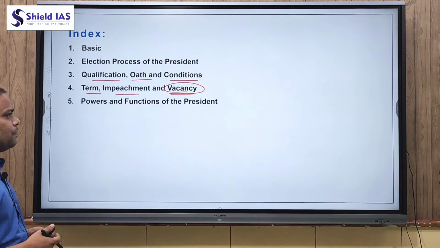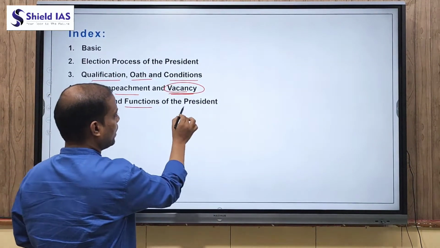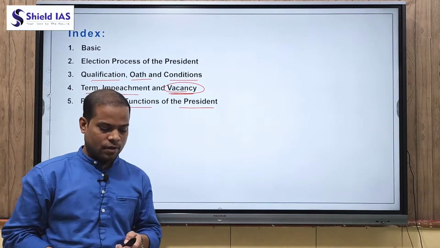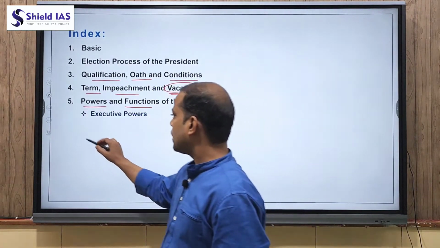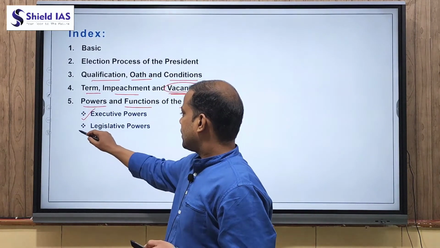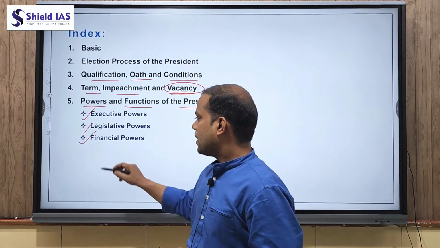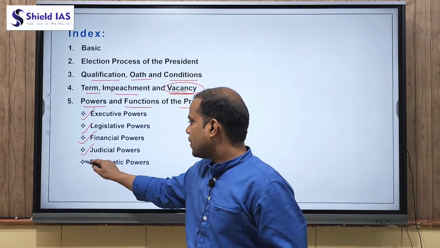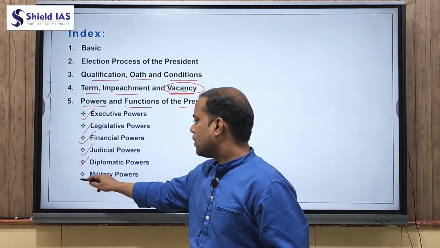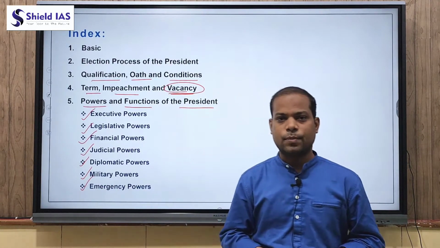After completing the term, impeachment and vacancy, we'll see the various powers and functions of the President of India. The first power is executive power. Then we'll discuss the legislative power, further financial power, judicial power, diplomatic powers, military powers, and lastly we'll discuss emergency power.